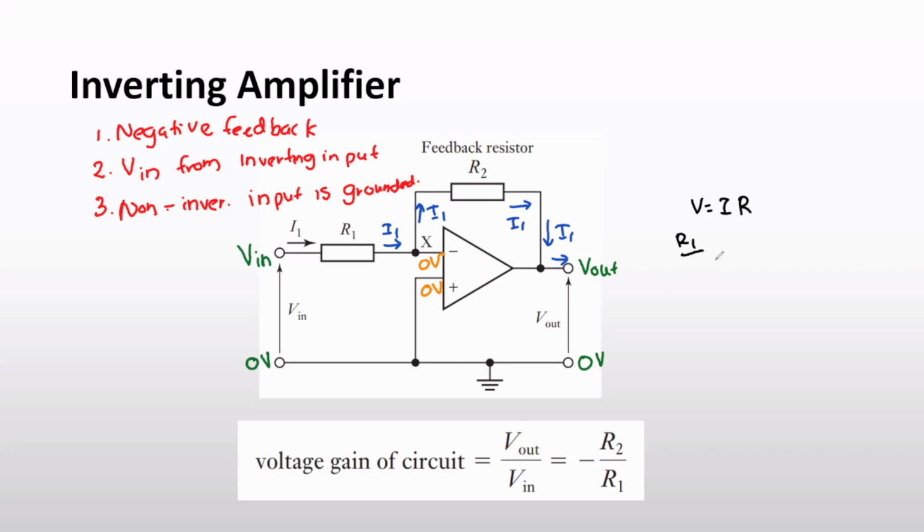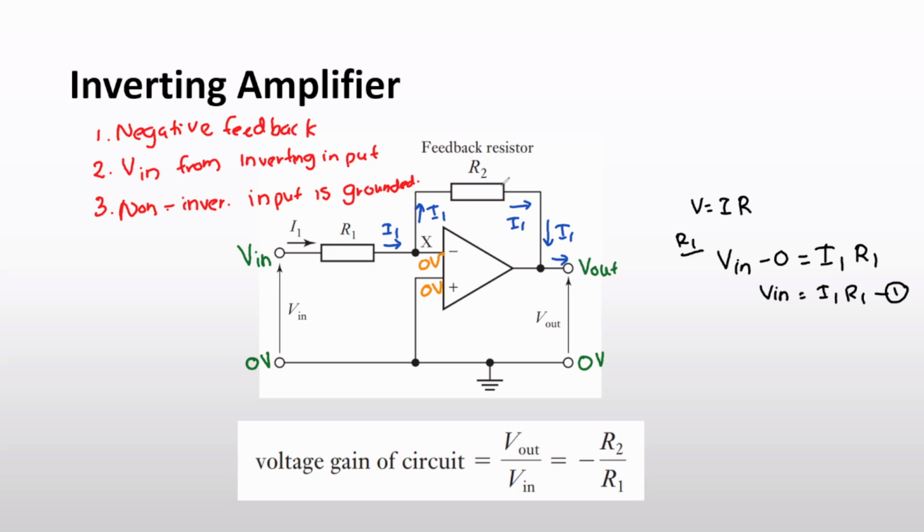Therefore V in minus 0 is equal to the current through it, I1, times R1. So you get V in equals I1 R1. That is the first equation.